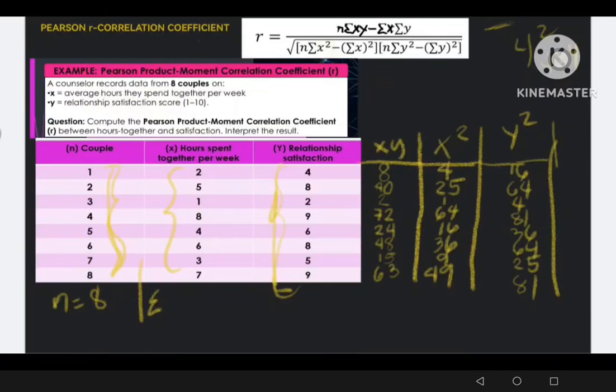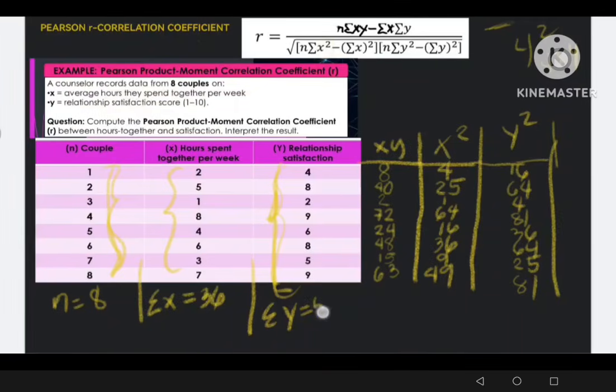So we have 2 plus 5 plus 1 plus 8 plus 4 plus 6 plus 3 plus 7. If we calculate that on our calculator, the summation of X is 36. And we also have the summation of Y. Just add them all: 4 plus 8 plus 2 plus 9 plus 6 plus 8 plus 5 plus 9.